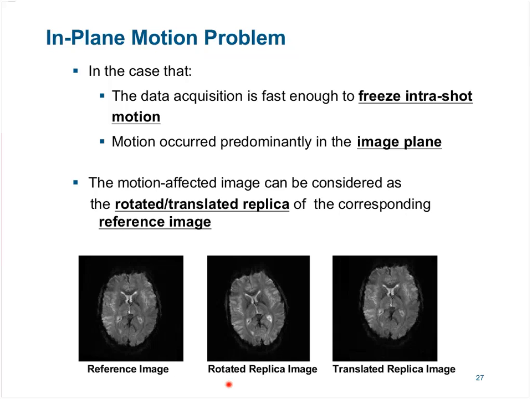The reconstructed image after the motion would be a rotated replica image. And if translation occurs either in X direction or Y direction, then the reconstructed image after the motion would be a translated replica image of the reference image.